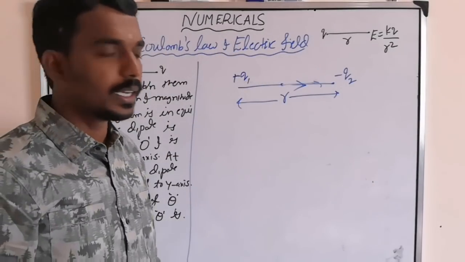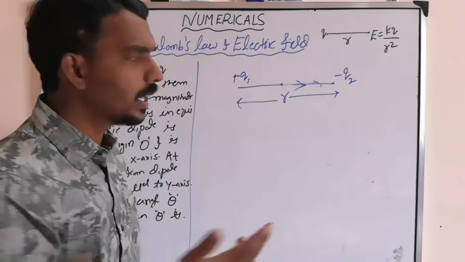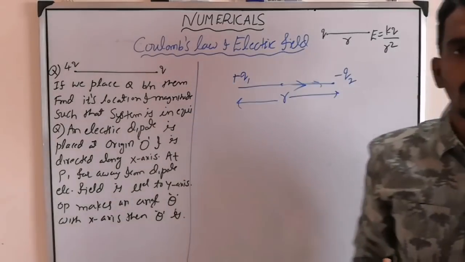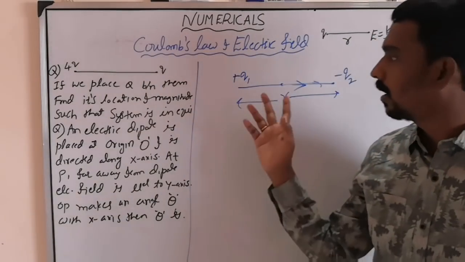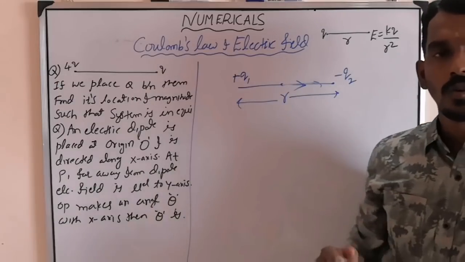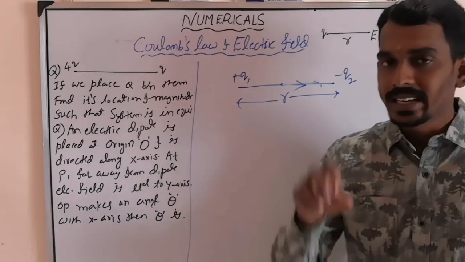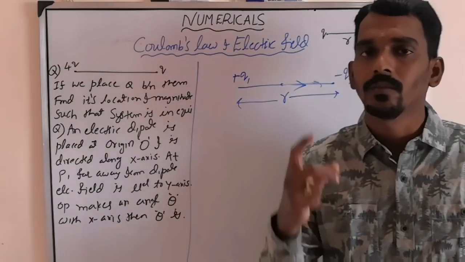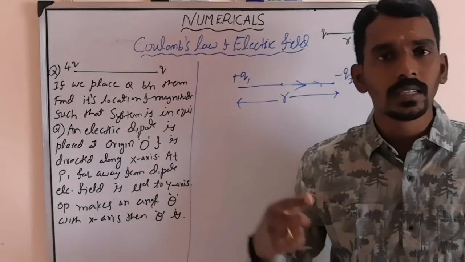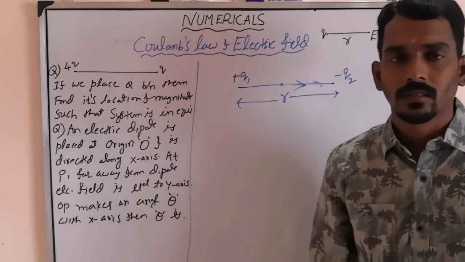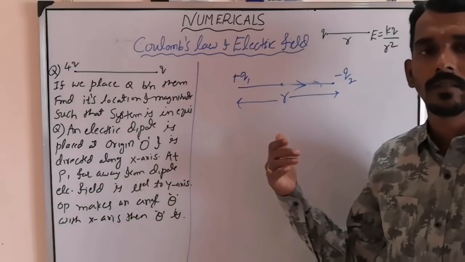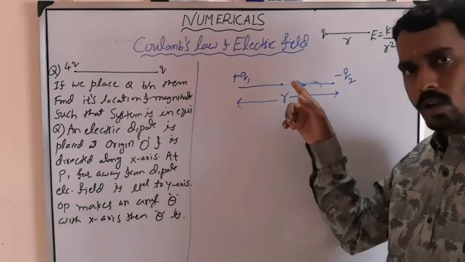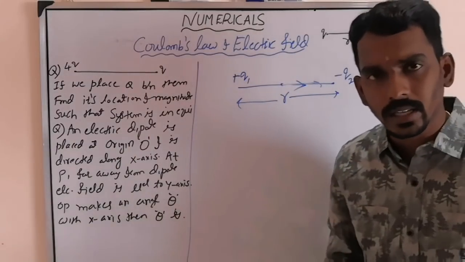But ultimately what is happening? Both fields are coming in the same direction. If both fields are in the same direction, where does the question of cancellation arise? Cancellation is possible only when the two fields are in opposite directions. Then only the resultant will become A minus B or B minus A. But here both are in the same direction, theta is 0 degrees.